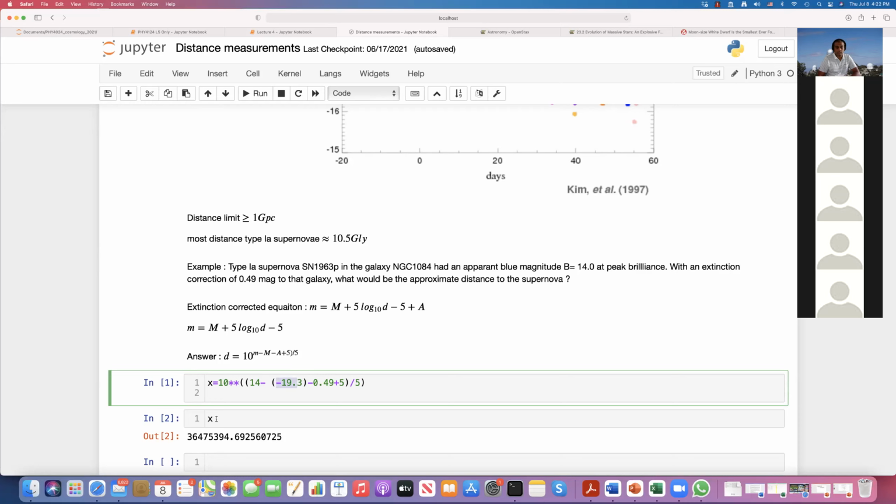Once you find the distance, it came as this many parsecs, and this will be around 36.47 megaparsecs if you convert it, right? So this is an example of how to measure the distances to galaxies that are so far away using the type 1A supernova. I hope this is clear for everyone.